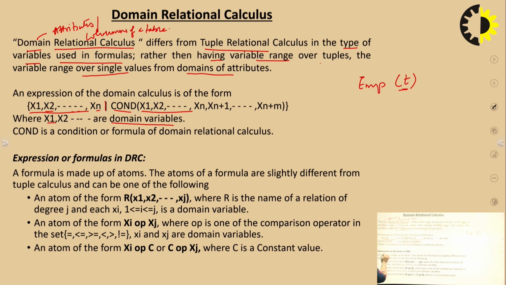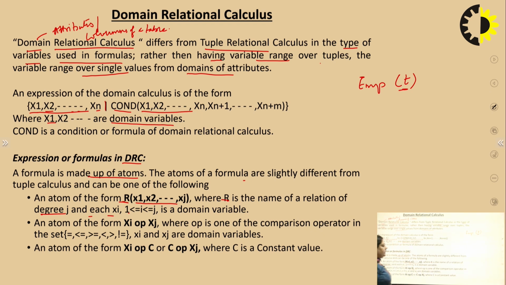So what will be the expression or formula in domain relational calculus? A formula is made up of atoms. What are atoms? The atoms of a formula are slightly different from tuple relational calculus, and will be of the form R(x1, x2, up to xj), where R is a relation, that is a table in which different attributes are there, of degree j, and each xi, for i from 1 to j, is a domain variable.